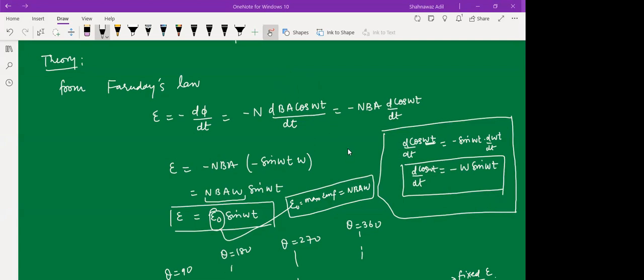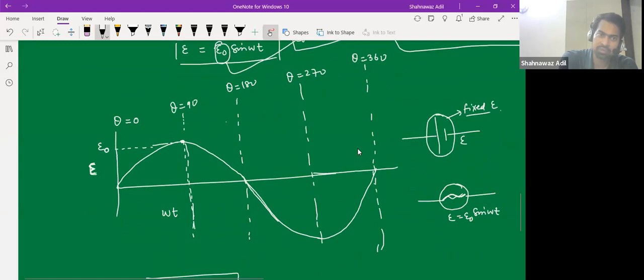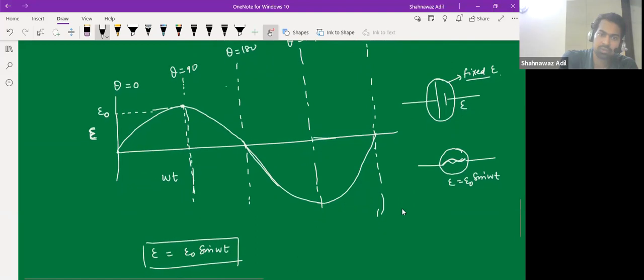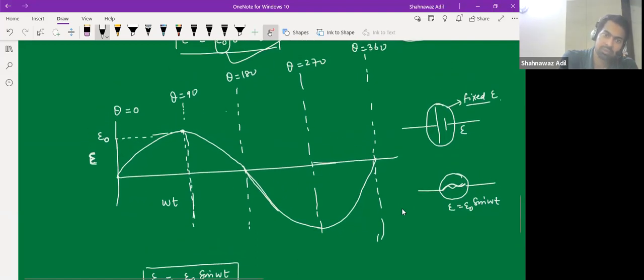Done. Okay, so note down this part. Noted, Mariam and Aisha.